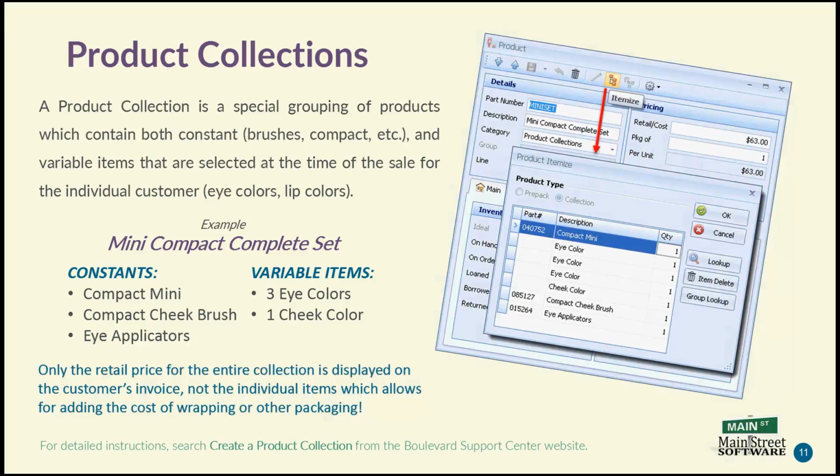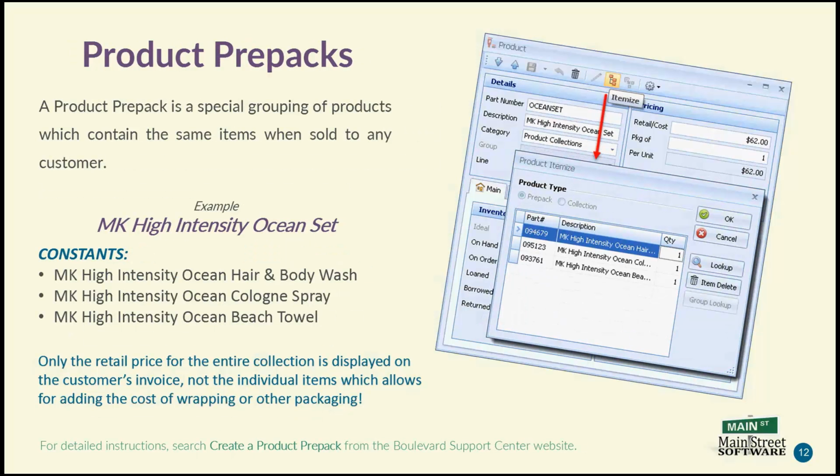So you also have the ability to invoice prepacks. Now the difference between a collection and a prepack is that prepacks are only filled with constants. So no matter who purchases it, the items inside that grouping stay the same. The example I've given on the screen is the MK High Intensity Ocean set.